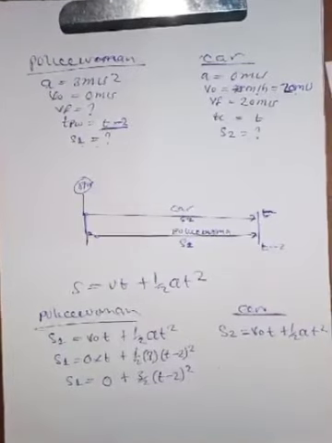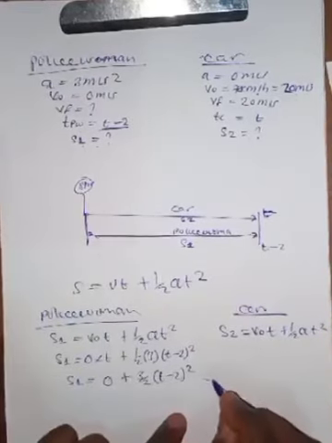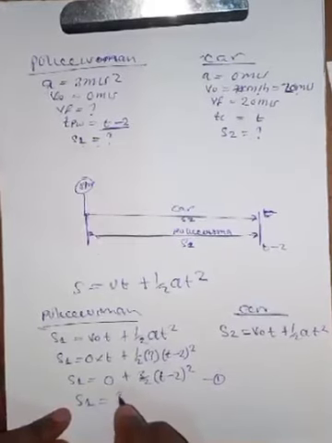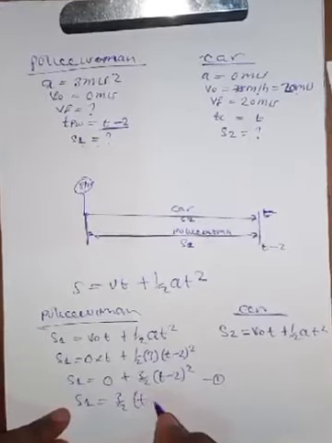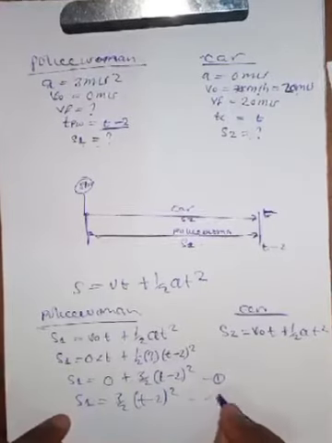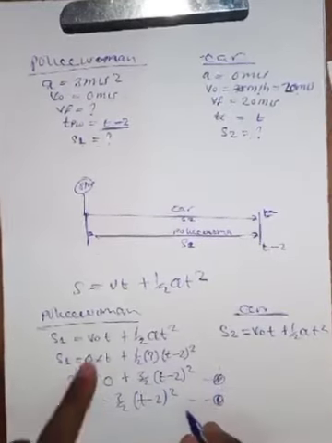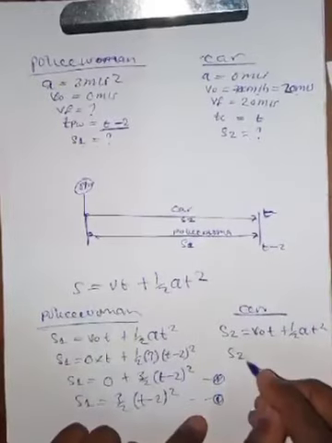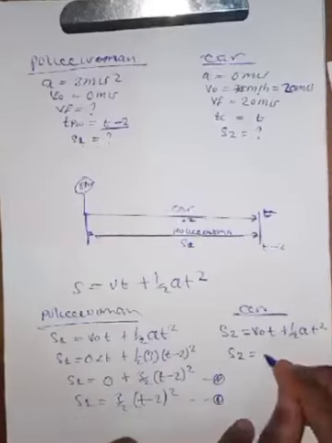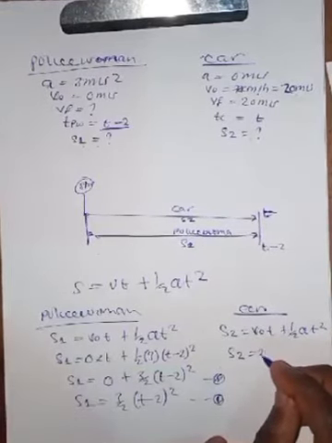You need to make sure that you are good with handling such kinds of cases. Then we have this as equation 1: 3 over 2 t minus 2 squared. You can just keep it like this. You have it as equation 1 for the policewoman. You go to equation 2. S2 equals, what is S2? Now we have initial velocity.